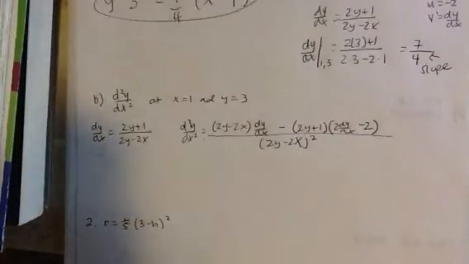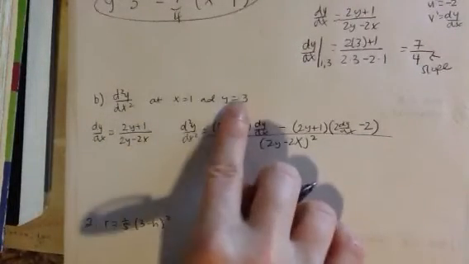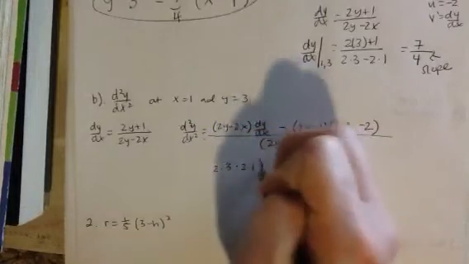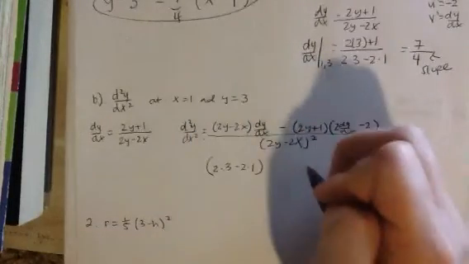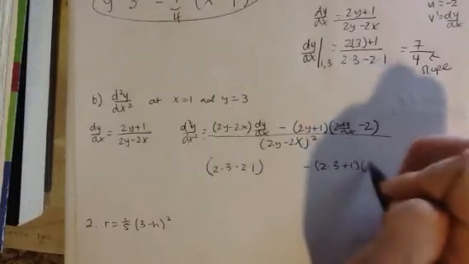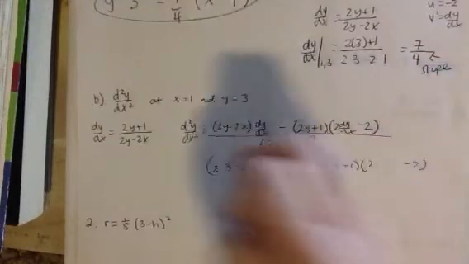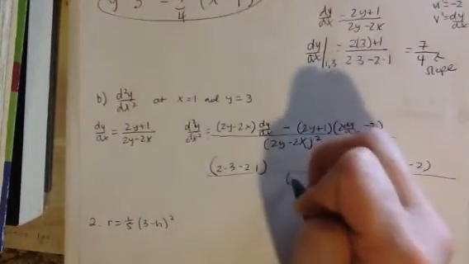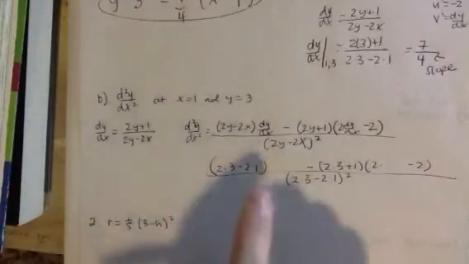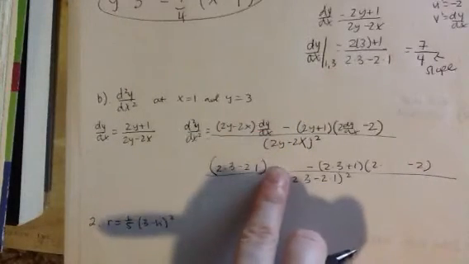Now we need to substitute in. So I have x equals 1 and y equals 3. So let's go ahead and do that real quick. Now I'm not done yet because I still need to substitute in dy/dx.